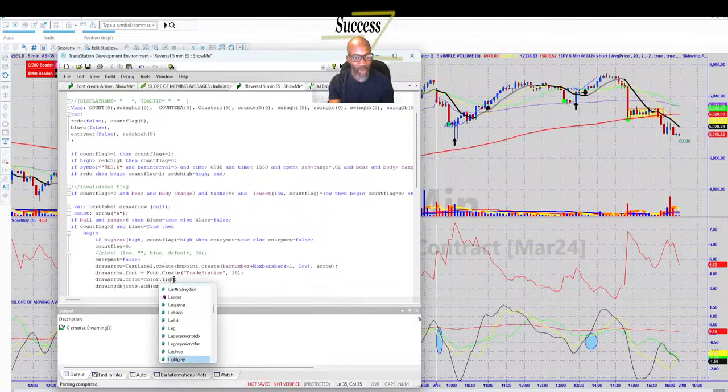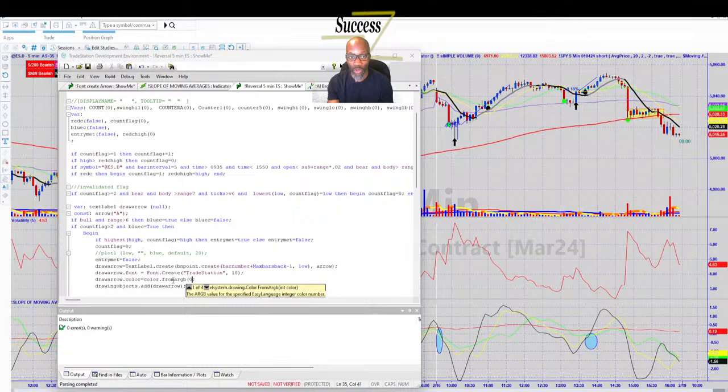Is there a light blue? No light blue. There's light gray. Color dot from ARGB. I believe that's right. Then we'll go 0. 255 is full opacity, and then red, green, blue.